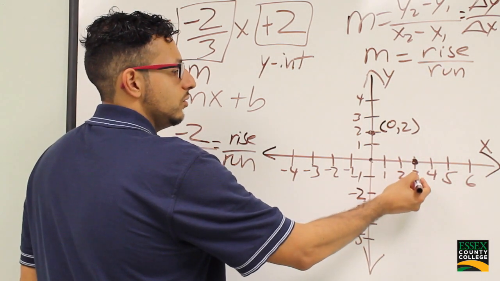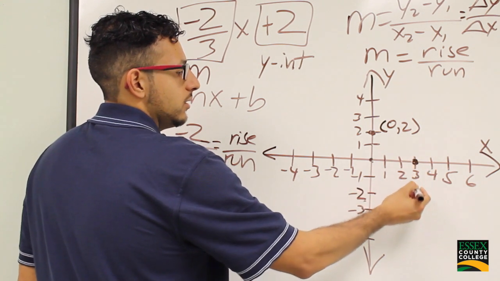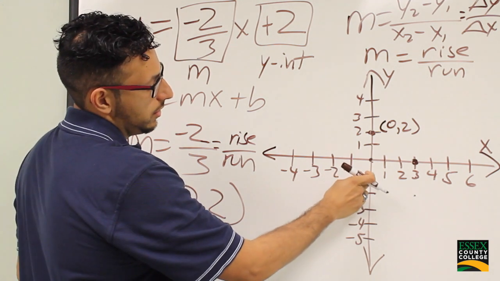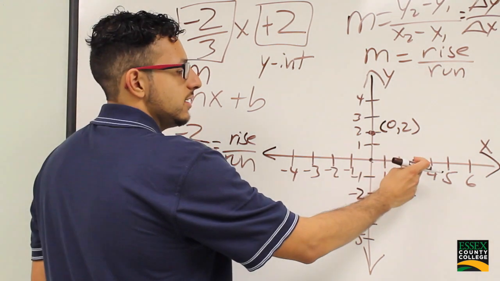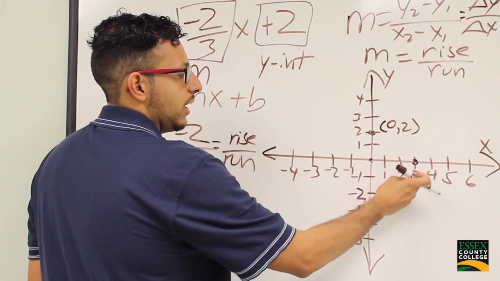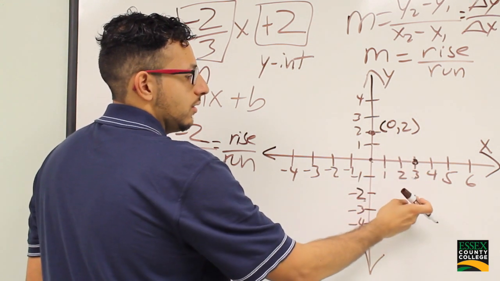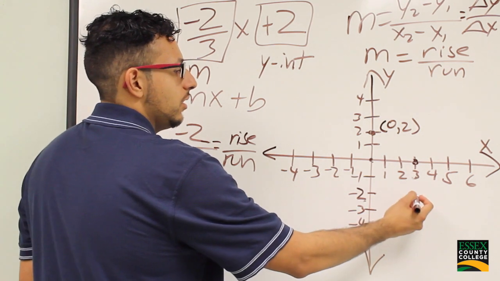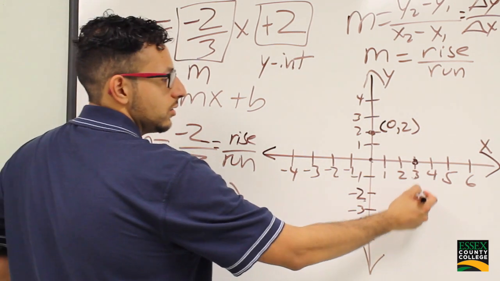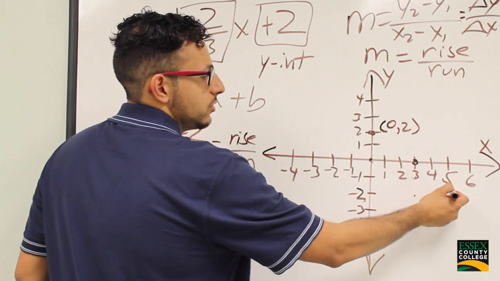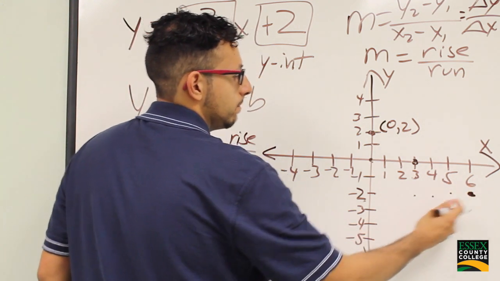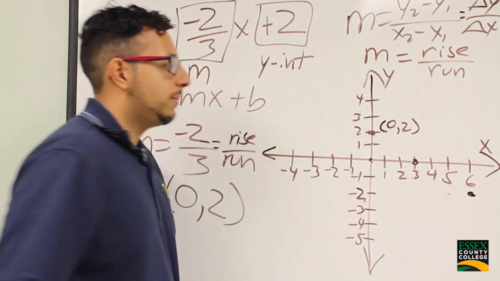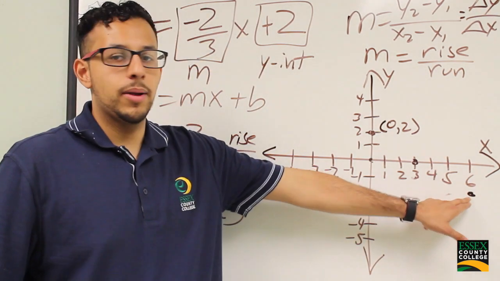We go down 2, looking at the y values: we're at 0, so down 1 to negative 1, down another 1 to negative 2. And then we run 3: 1, 2, 3. So we end up at this point.